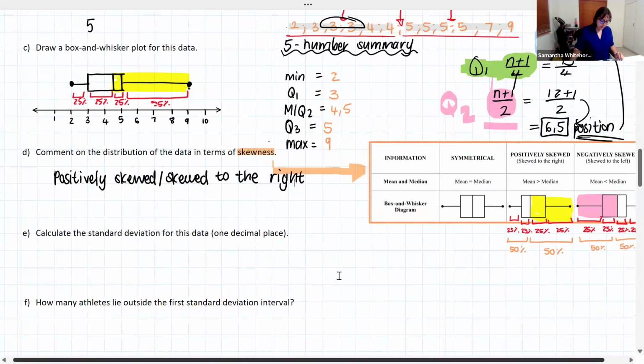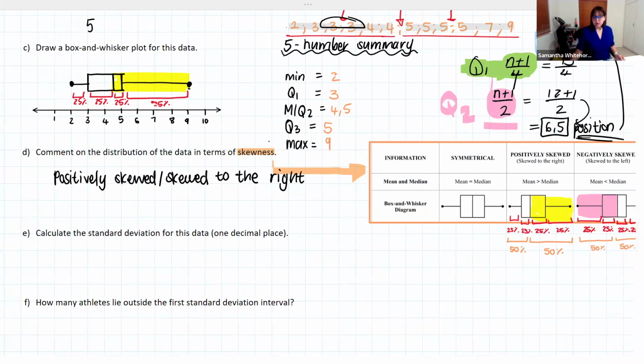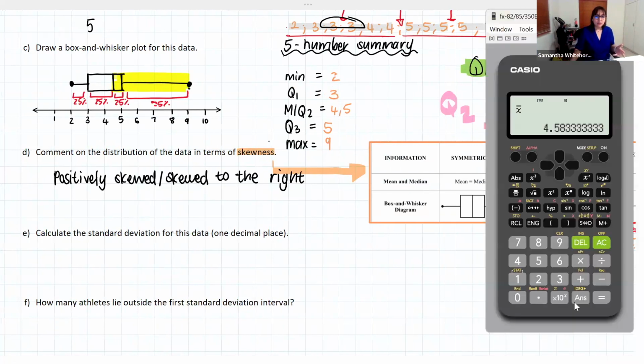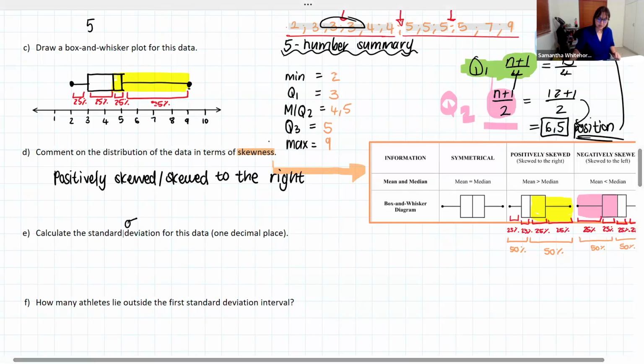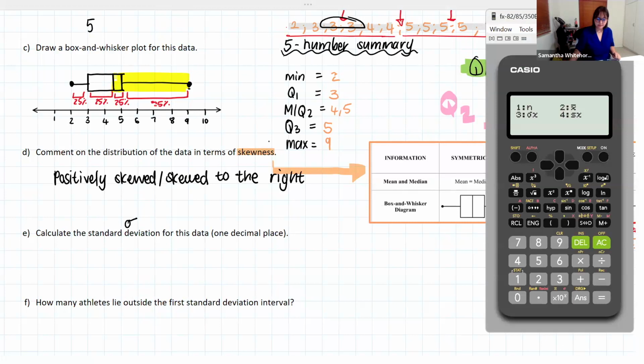Okay, so question E says calculate the standard deviation. So we need our calculator again. It's already got all of our data on it, so it's not like we need to re-enter data. AC, shift 1, 4, and now we want standard deviation. Standard deviation is represented by sigma. So we want to choose the symbol sigma, which is number 3, and that will give us our standard deviation.